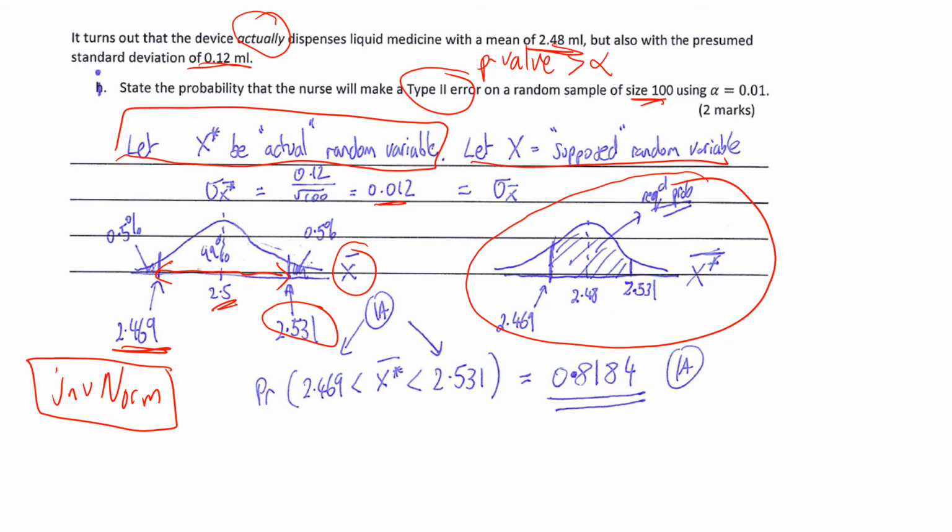So that's a question. Perhaps the wording intruded on some people's thinking, but it's a question that we had practiced fairly well several times in class, and hopefully you would have practiced it as part of your revision. So be on the lookout for that. Those type 2 error questions always follow the same process of reaching a solution.